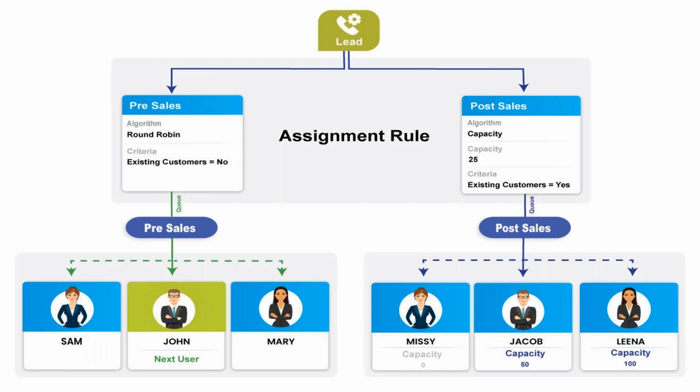Currently, she has an available capacity of 100. Once the lead is assigned to Lena, 25 units from her available capacity will be reduced, and Lena would be left with only 75 units. Once these resources like Missy or Jacob and Lena close any of the records that are assigned to them, that's when the 25 units would be added back to their available capacities, and they are again available in the game for the new records to be allocated to them.